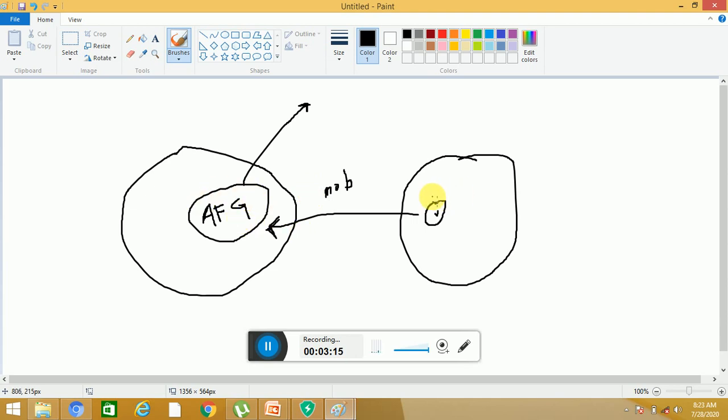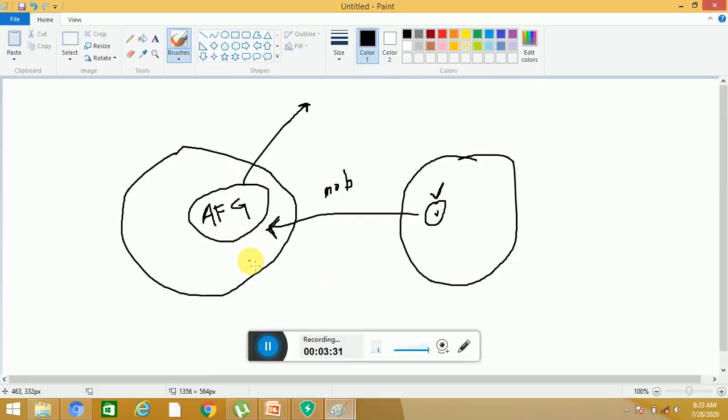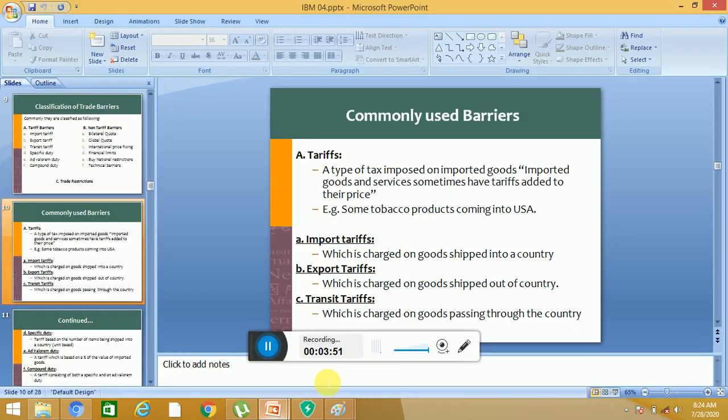This is called import tariff. There is export tariff, which is charged on goods shipped out of a country. Sometimes when goods are going out of the country, the government of Afghanistan charges tax from the company or person who is exporting goods to another country. That is called export tariff.